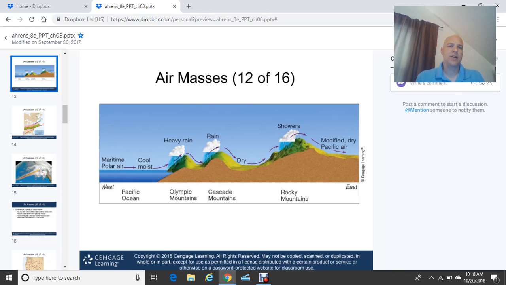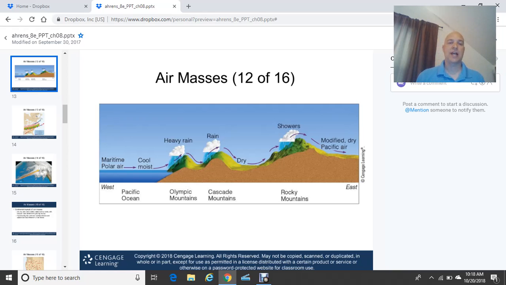As that maritime polar air mass moves in and collides with the Olympic Mountains and the Cascade Mountains, on the windward side of the mountains you get all the precipitation and the moisture. In this case, I'm showing heavy rain.